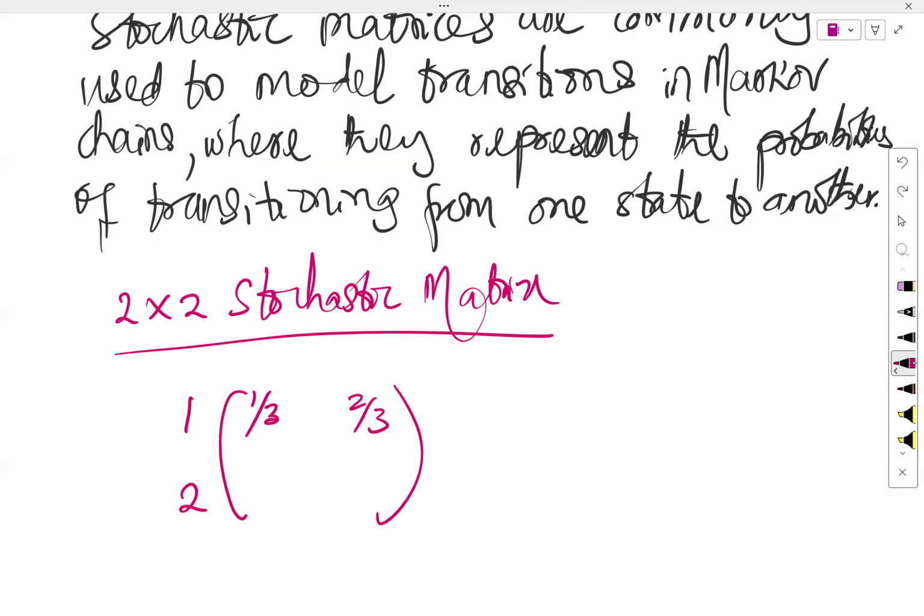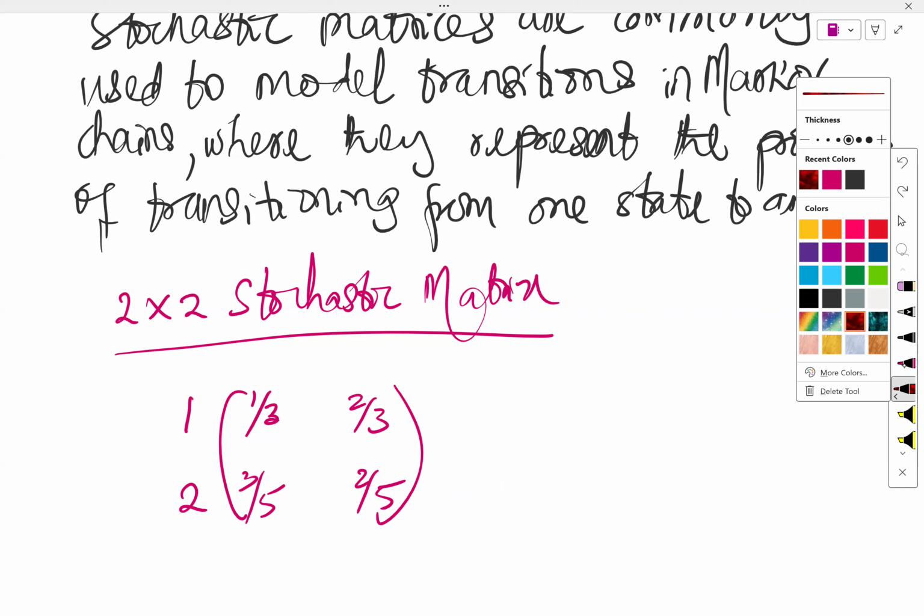And if moving from state 2 to state 1 is, say, 3/5, it means that moving from state 2 to state 2 will be 2/5. So if you add up across the rows, everything sums up to 1, and each element is non-negative, that is greater than or equal to 0. We can also have something like that for a 3 by 3 matrix, but I won't worry about that in this situation.